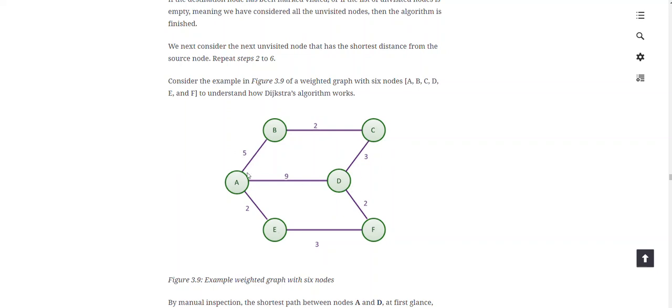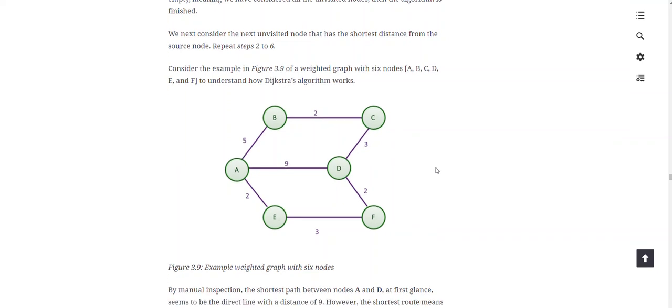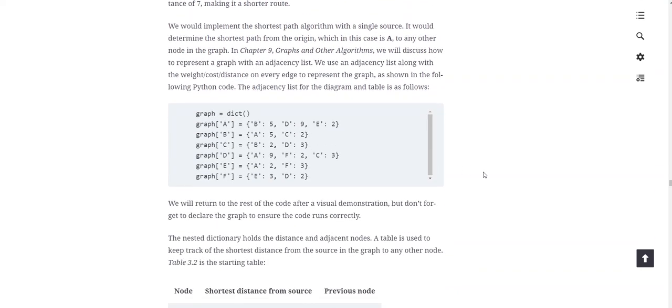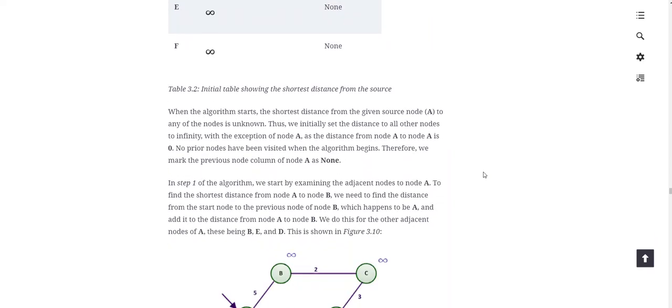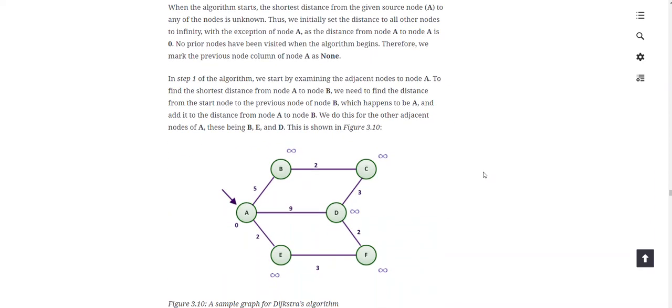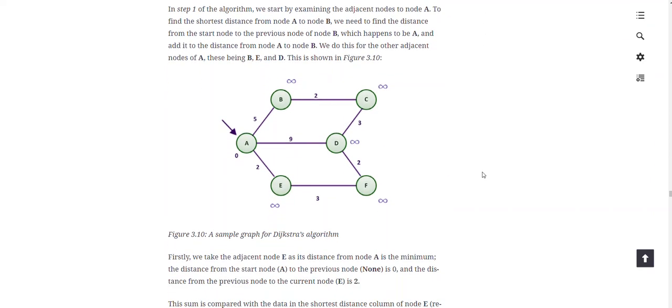Given that this is a weighted graph, we figure out the weights and we pick the smallest weight. If it wasn't weighted, we'd go down each one and then we'd see how long it took. So that's another way to look at what it is we're doing.